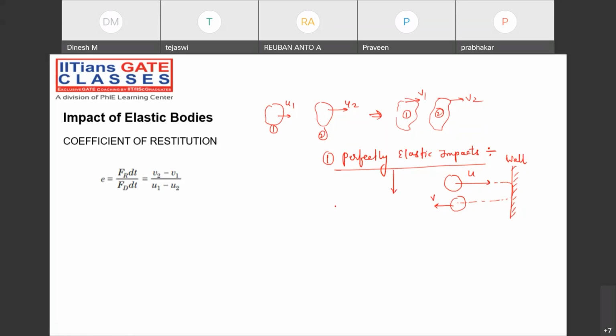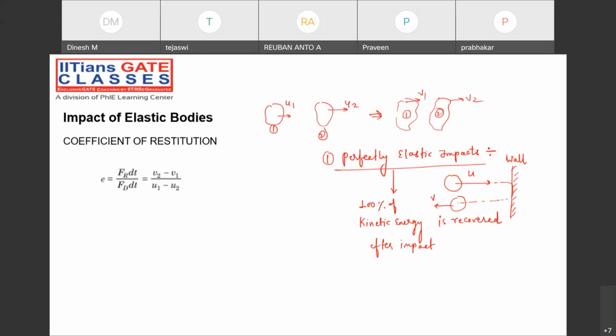Note down, the meaning of elastic impact is that 100% of the kinetic energy is recovered after impact.